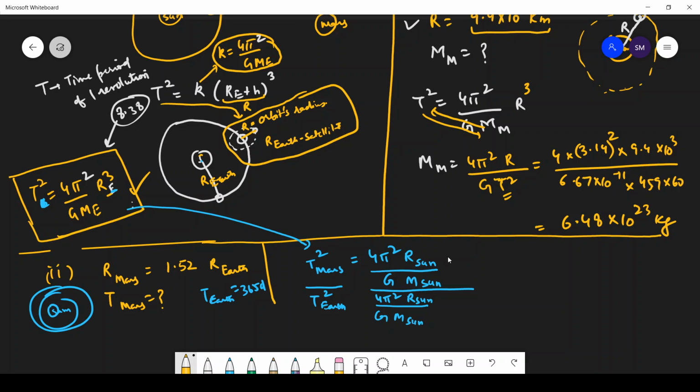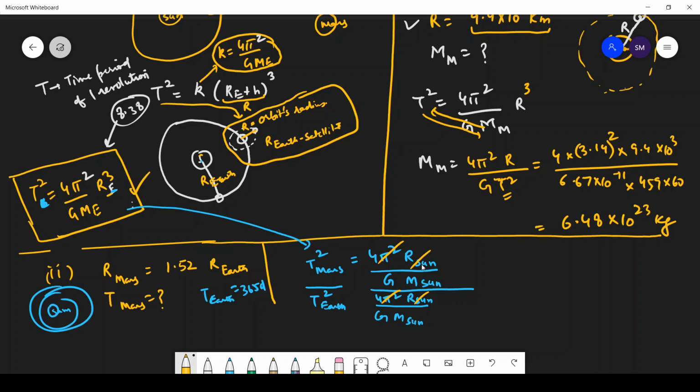Okay. So this 4 pi square same, radius of sun, this R is R for Mars.